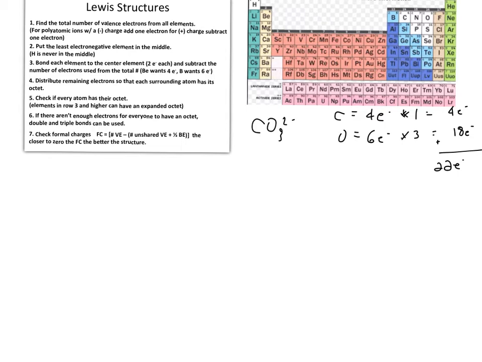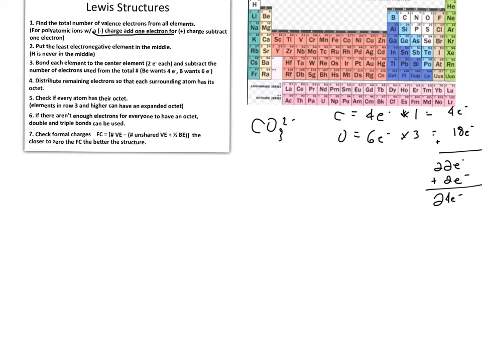Because we have a polyatomic ion with a negative charge, we add an electron for every charge. In this case, the molecule is 2-, so I need to add 2 electrons. That gives us a total of 24 electrons for our molecule. Now we can proceed to the other steps.